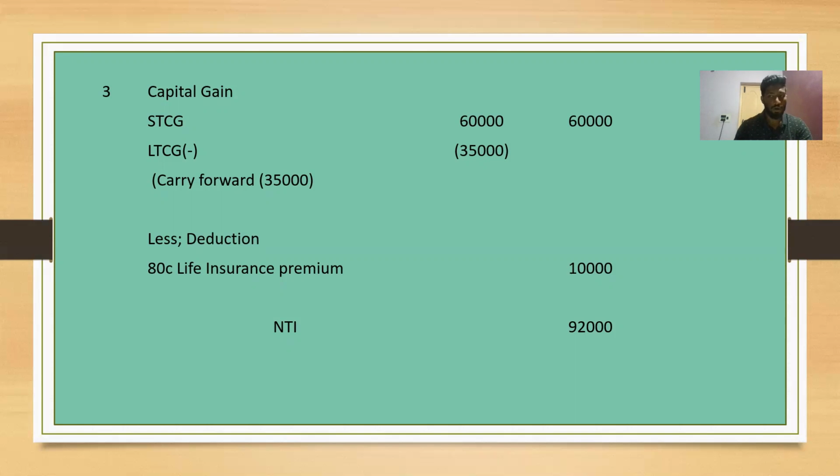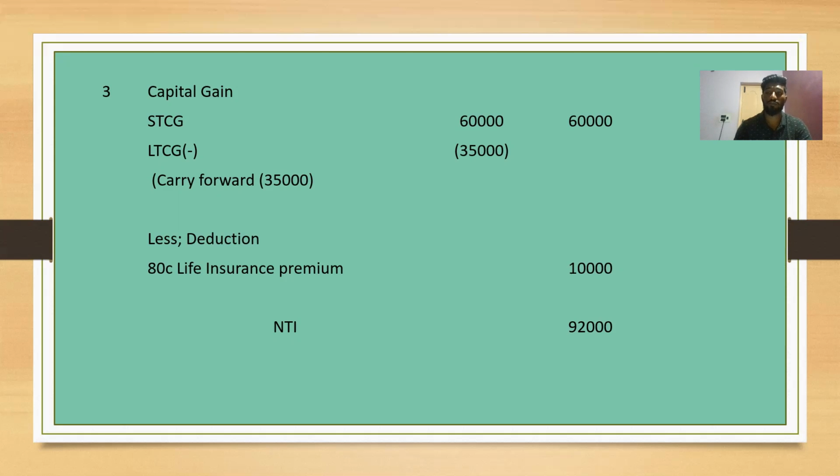I'll repeat, long-term capital loss will never be set off against short-term capital gain, which we have in this problem. So we are not allowed to set off that long-term capital loss against short-term capital gain.